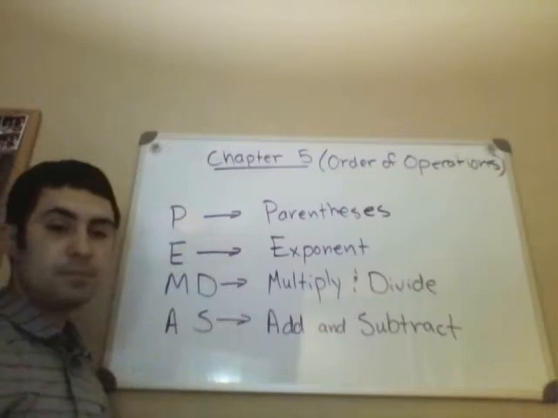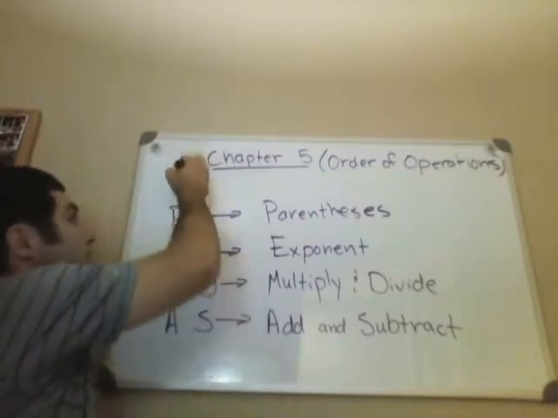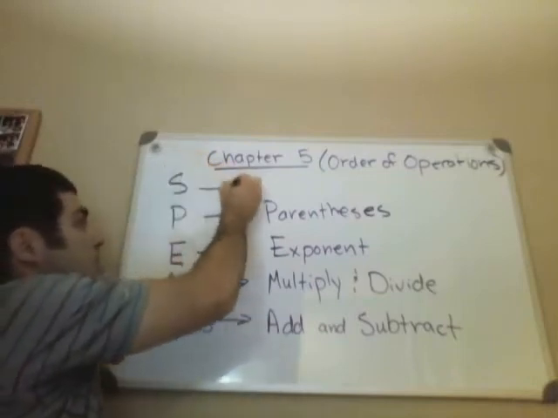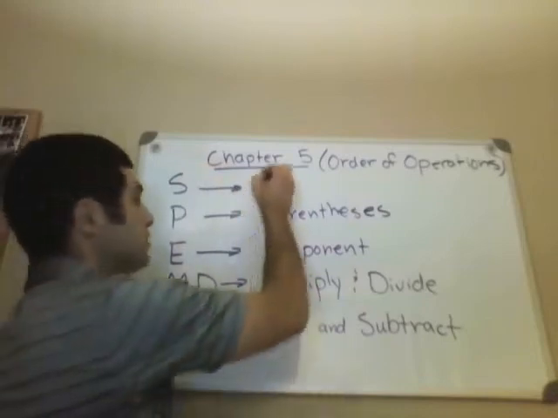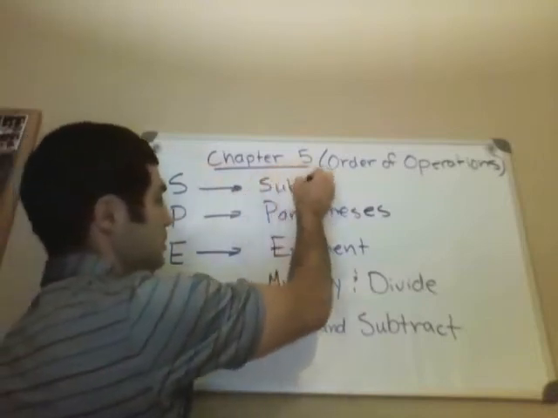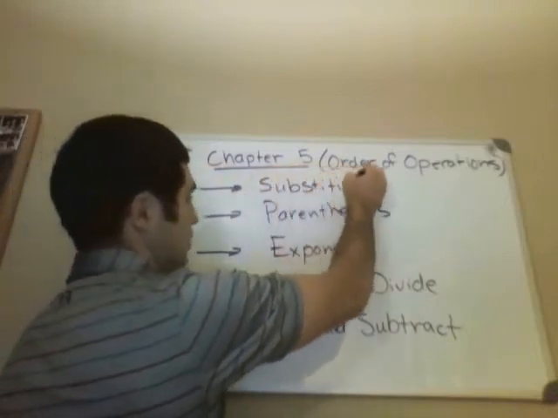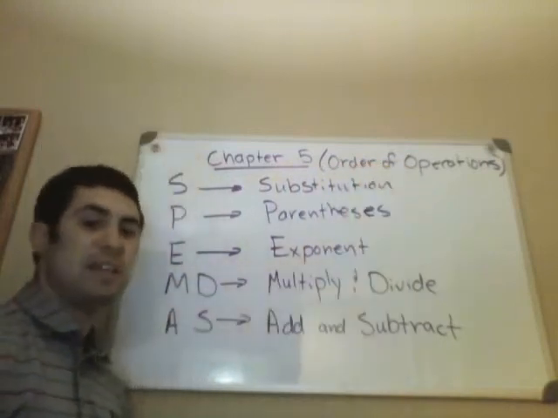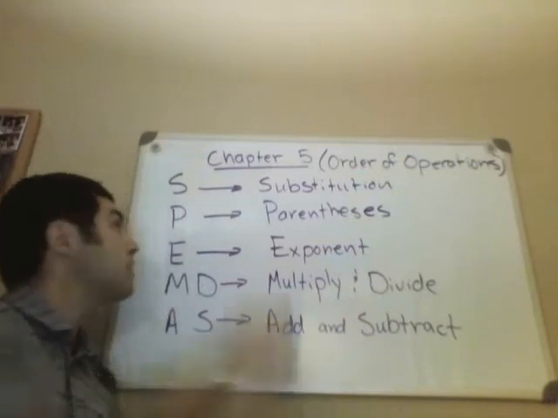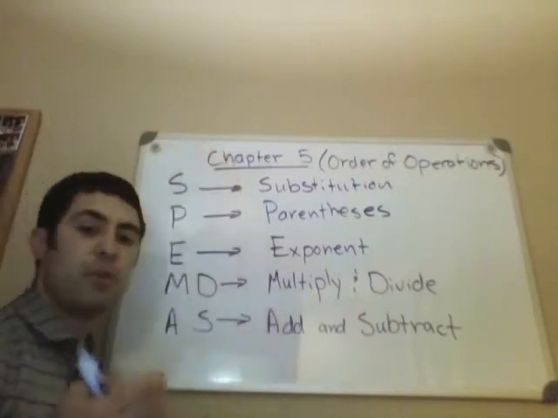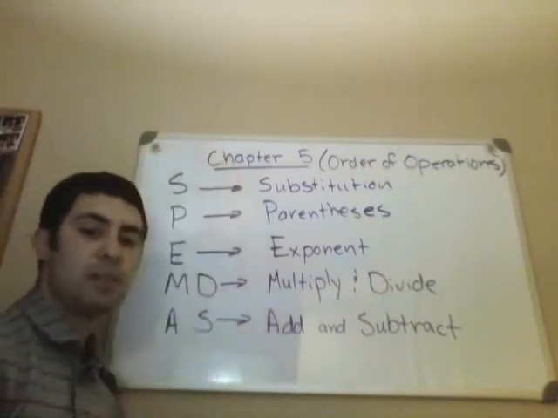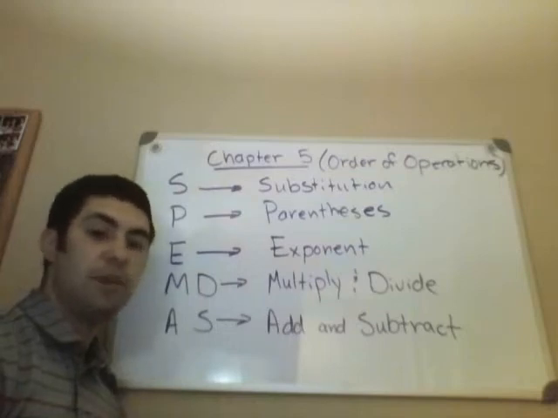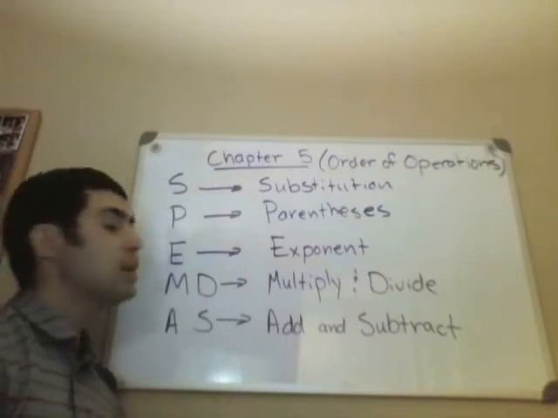I like to even put an S in here. This isn't a big deal, but this stands for substitution. You can make up different little sayings to remember, but I like to substitute first before I start evaluating the problem, just in case there are any unknown variables that are actually known.